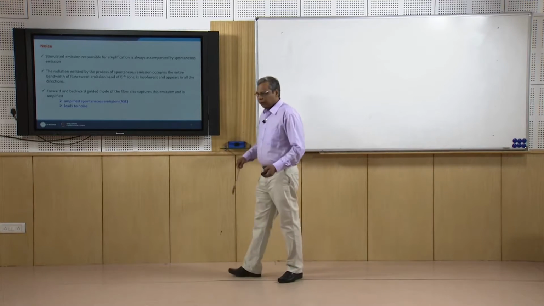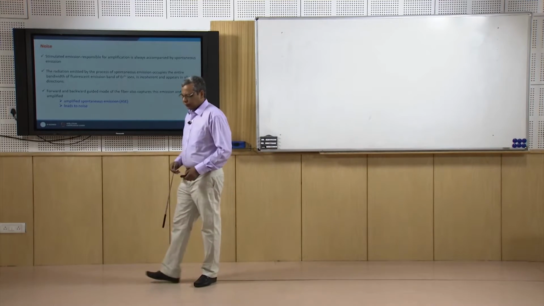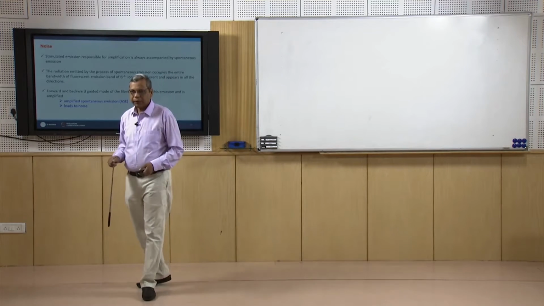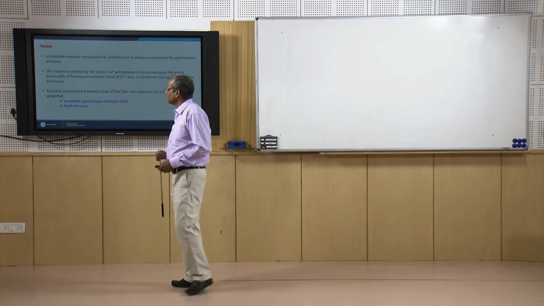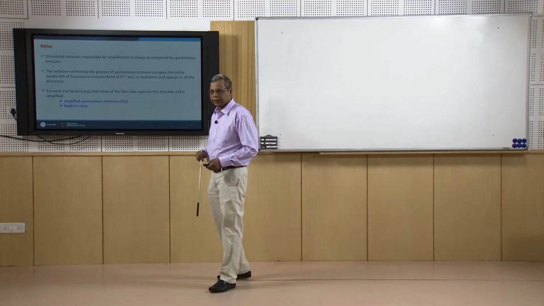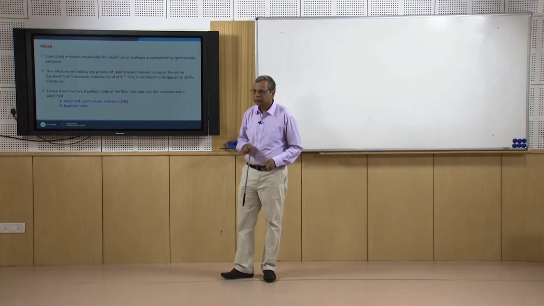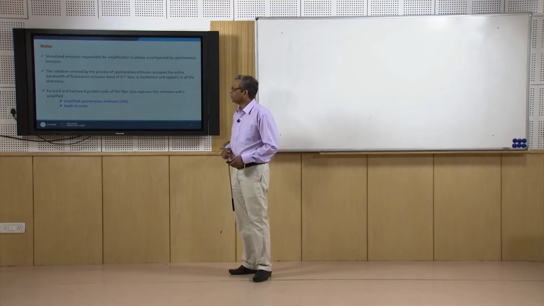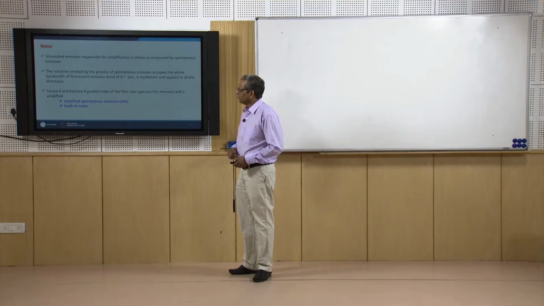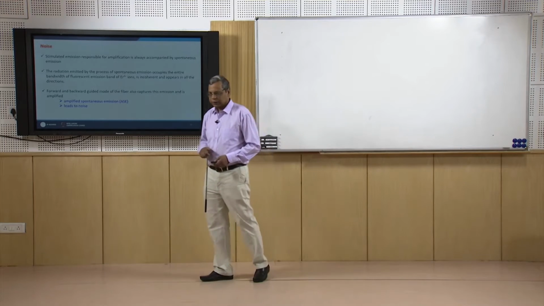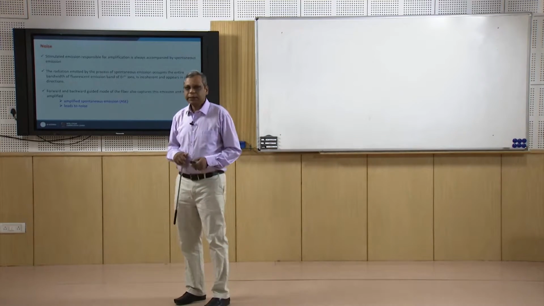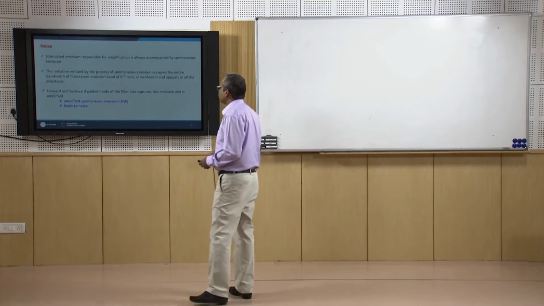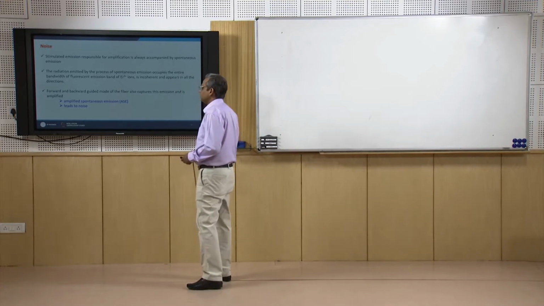Then along with the amplification of the signal, this amplifier also adds some noise. What is the noise added and what is the basic phenomenon behind the generation of this noise? Since amplification is provided by stimulated emission, and whenever there is stimulated emission, it is always accompanied by spontaneous emission.